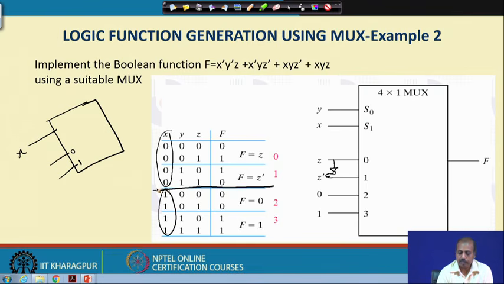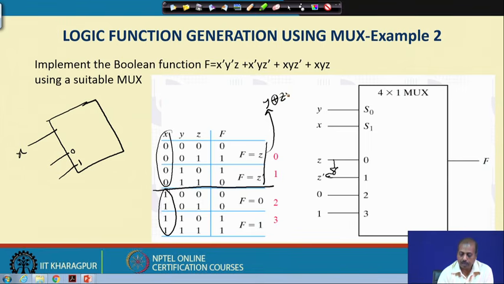Now, if I do a minimization, in this part the function is 1 when only one of y and z is equal to 1. So, this is nothing but y XOR z.